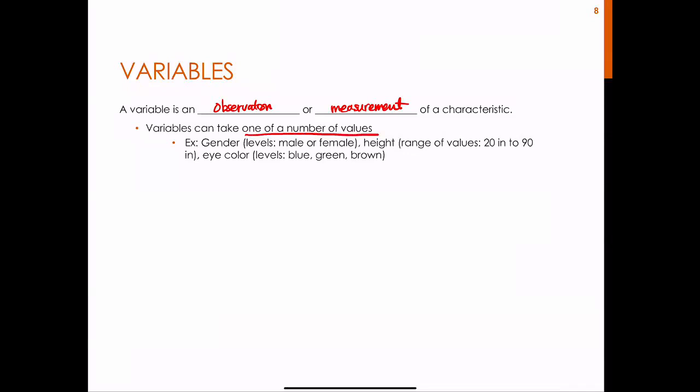Here are some examples. Gender: we have two levels generally, male or female. Height: a range of values like 20 to 90. Or eye color, like blue, green, or brown.